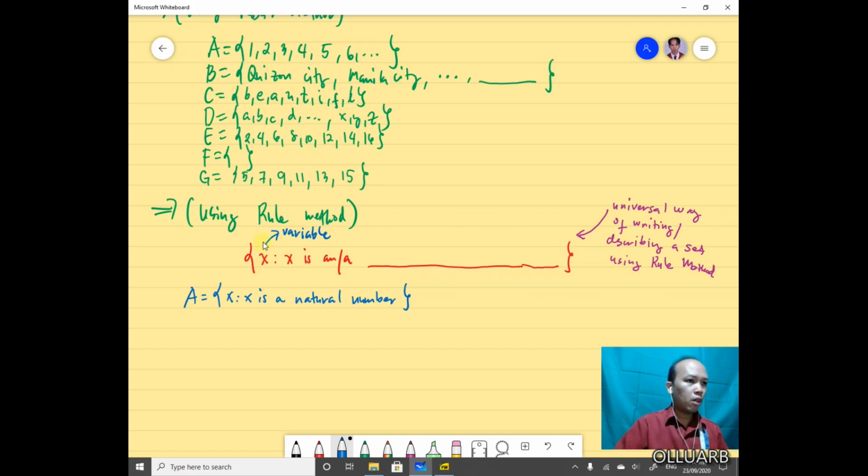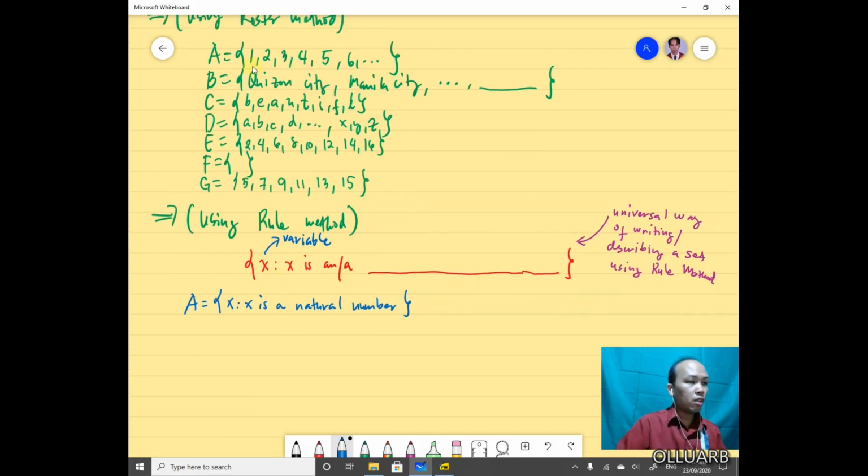So our x here is a variable and you can replace it. We know that 1 is a natural number, so x equal to 1: 1 is a natural number. That's correct grammar.